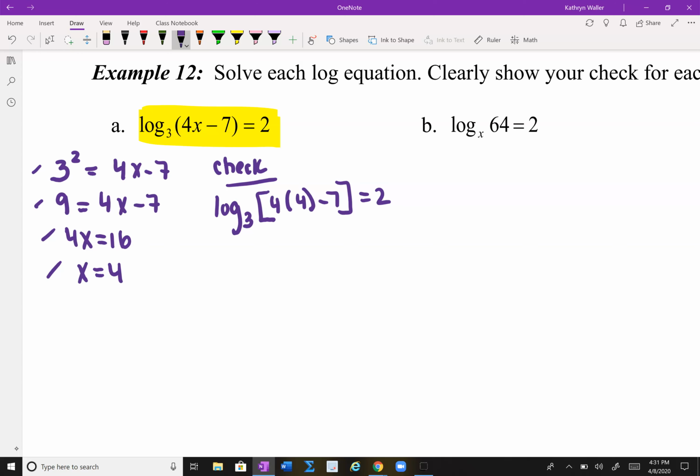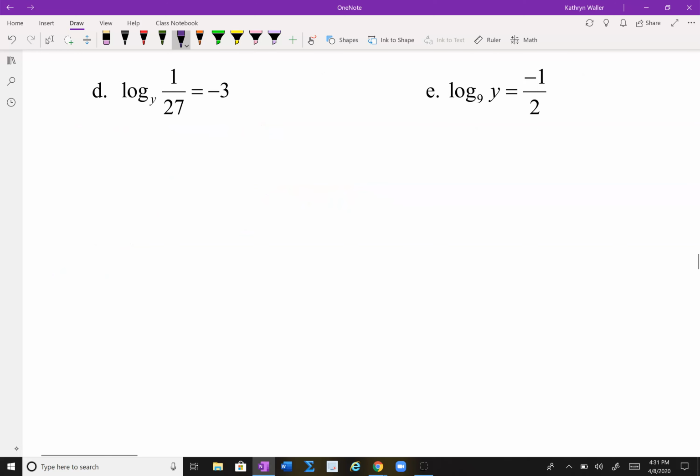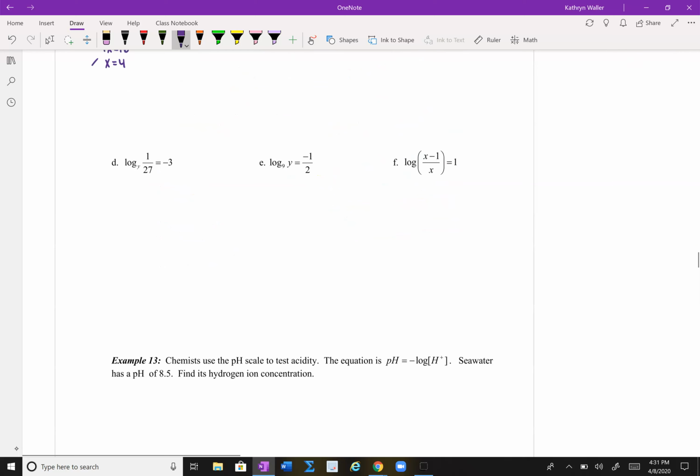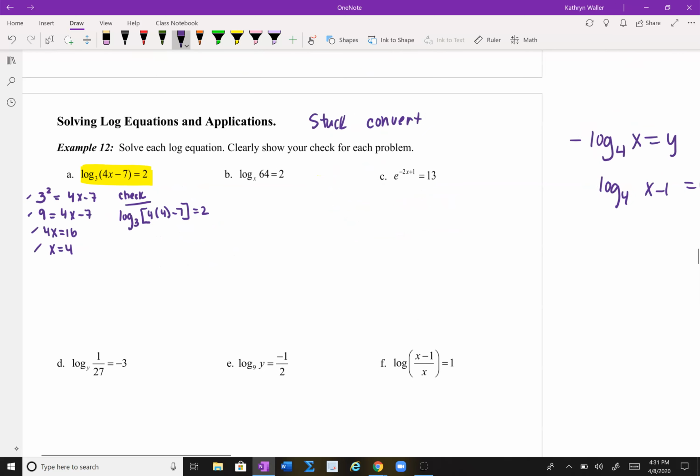So, change of base formula: if you were trying to put in log base 4 of 3 into your calculator, you would put that in as log of 3 divided by log of 4. So that's how you have to put it in here.